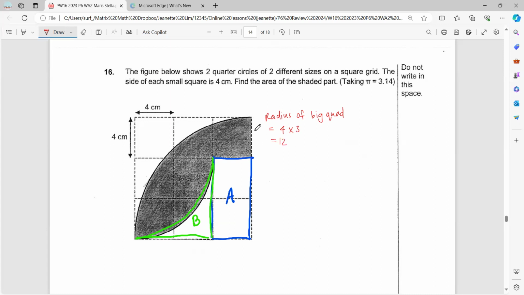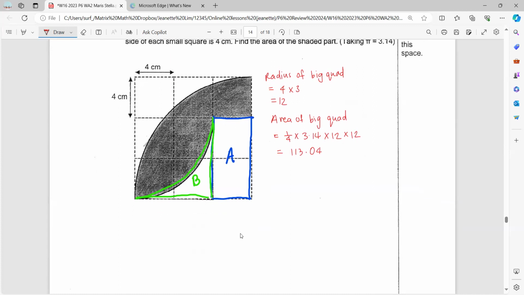So the area of the big quadrant will be a quarter times pi, which is 3.14, times radius times radius. This will give us 113.04 for the area of the big quadrant. Now, let's find A and find B.